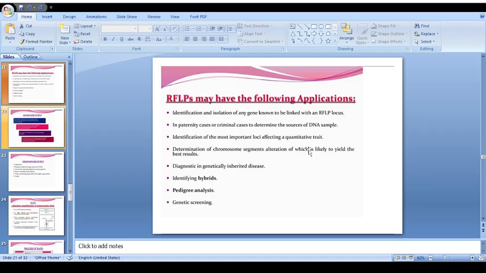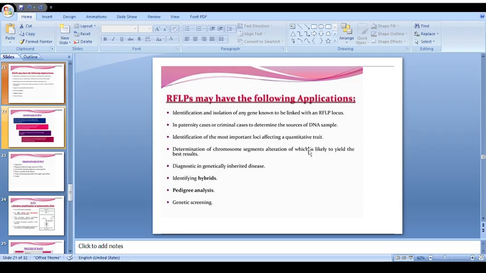It is useful in the identification and isolation of any gene known to be linked with the RFLP locus. It is normally useful in identifying paternity cases and criminal cases to identify the culprit, as well as identifying a lost child from the parents.